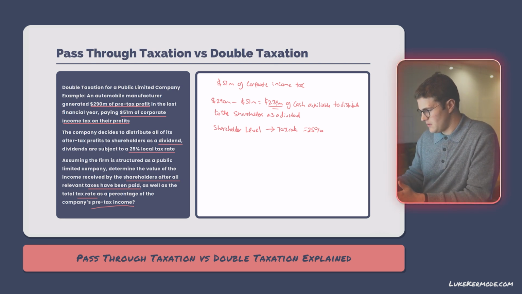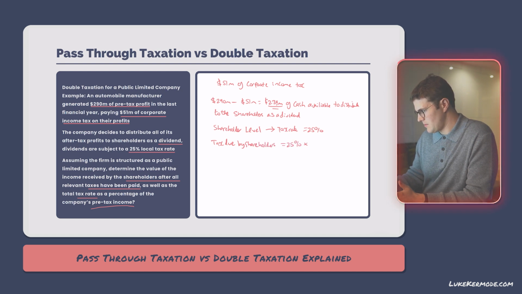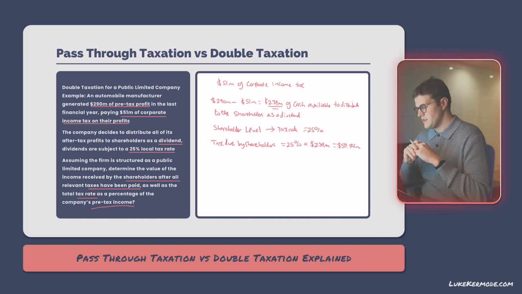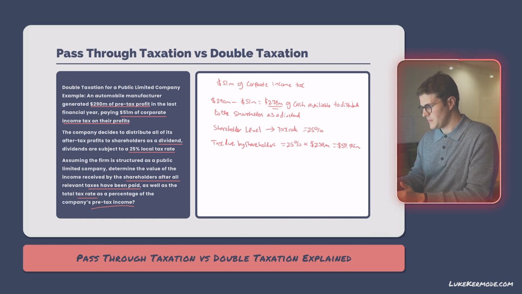So the tax by shareholders equals 25% times 239 million equals 59.75 million. So that's how much tax the shareholders pay.